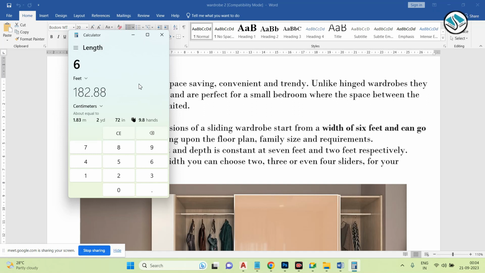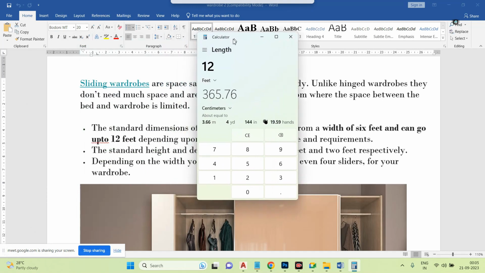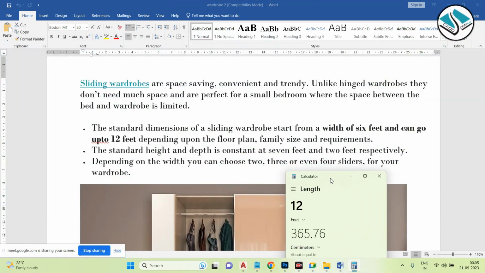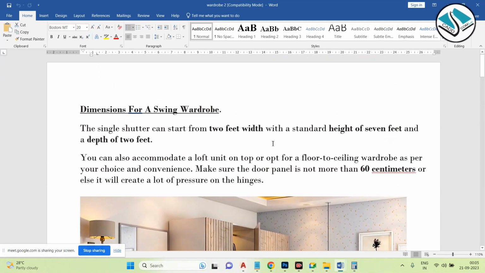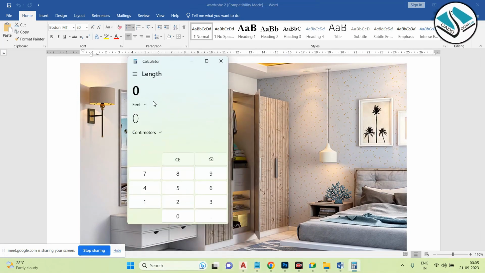That means you can design any sliding wardrobe with a standard size of 182 centimeters, and you can go up to the last limit of 365 centimeters. This is the width of the wardrobe. Height is standard: every wardrobe height standard is 213.